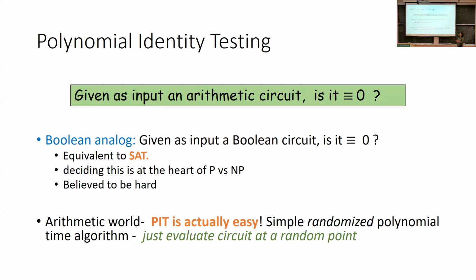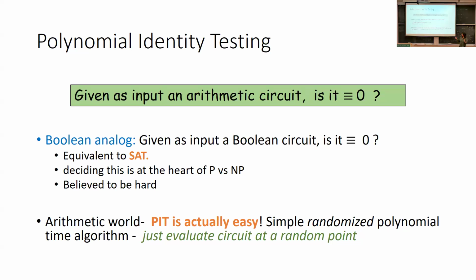This polynomial identity testing, the arithmetic analog, when you're given an arithmetic circuit and you ask, is this the zero polynomial? This is an easy problem. There's an extremely simple randomized algorithm for deciding if an arithmetic circuit is zero, which is just evaluate the circuit at a random point. If your polynomial is zero, the evaluation is always zero. If your polynomial is non-zero, then at a random point, it will take a non-zero evaluation with high probability.